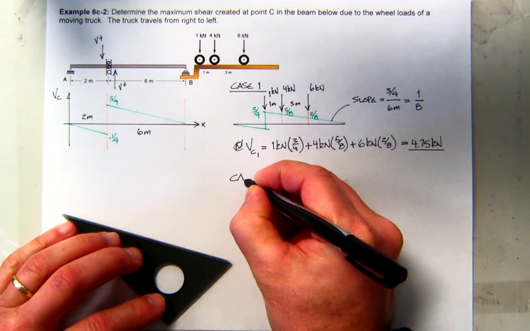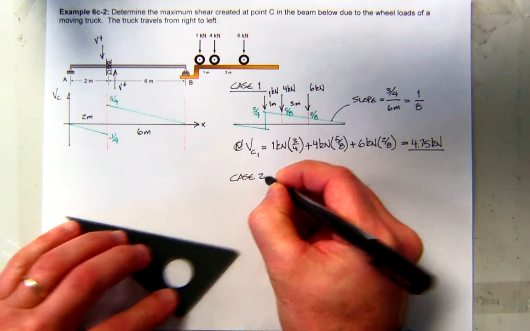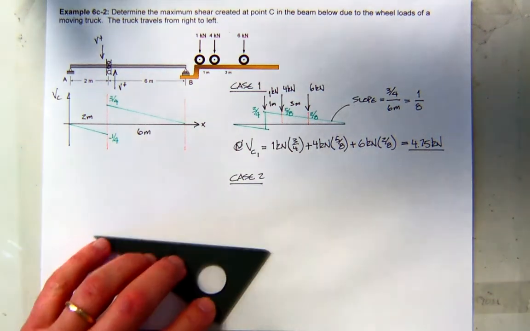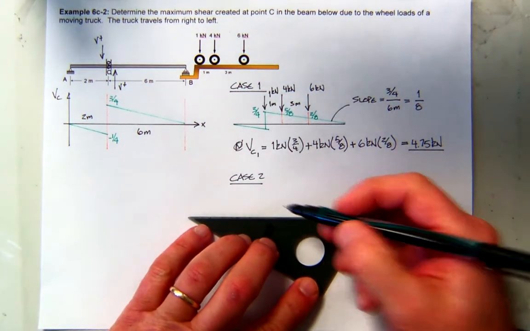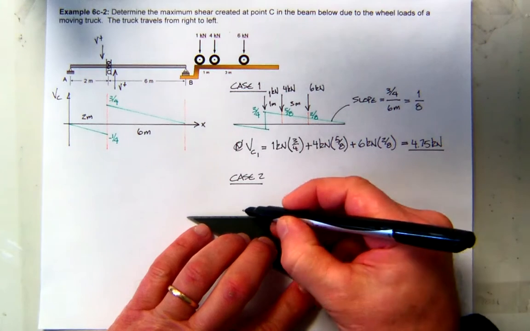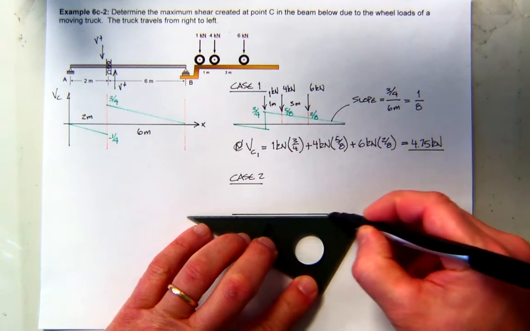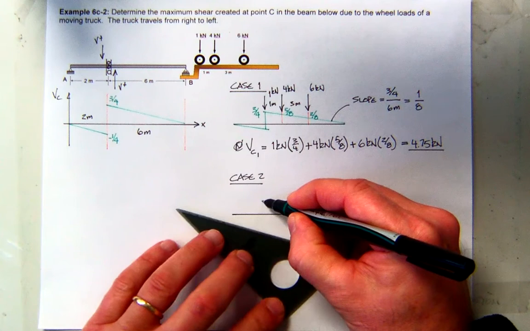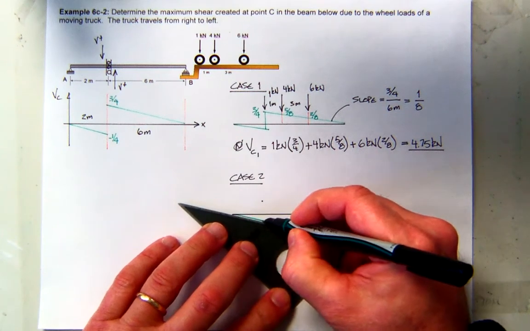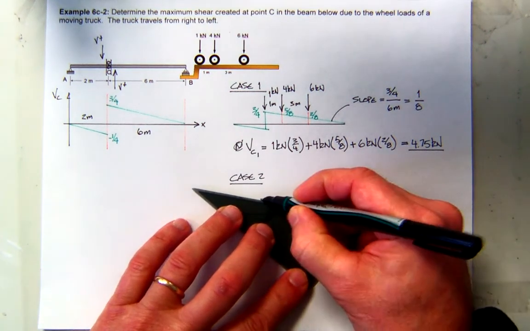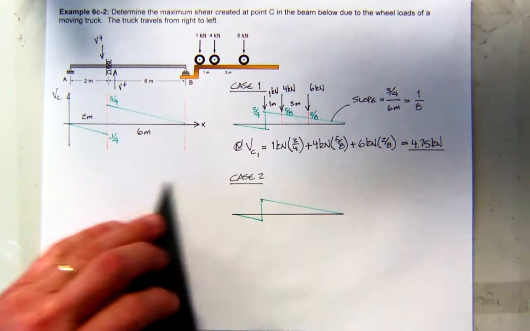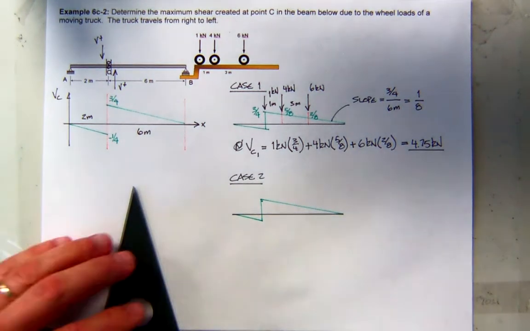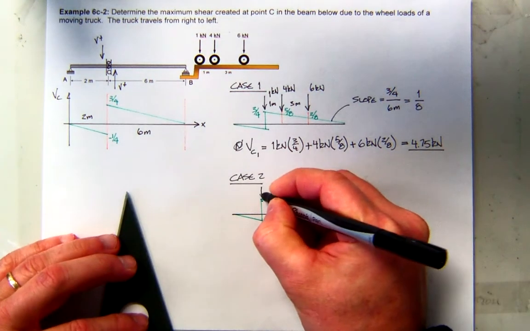All right, let's do case 2. And I will again redraw the shape to kind of give me a hand. So this time we're going to let the second force come in.